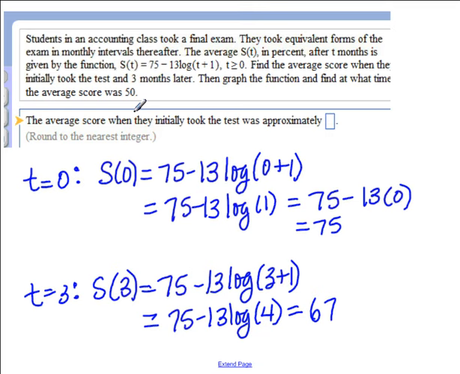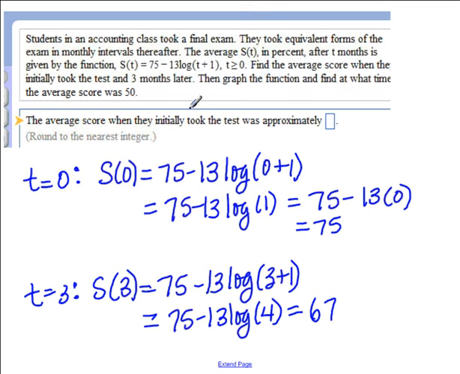So we know that we need to change the y max to be, let's say, 70, just to include it there. And our y scale, maybe we'll count by tens. Okay. So you should see something graphing there.